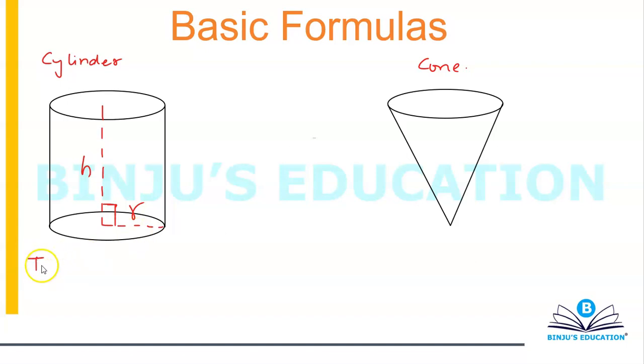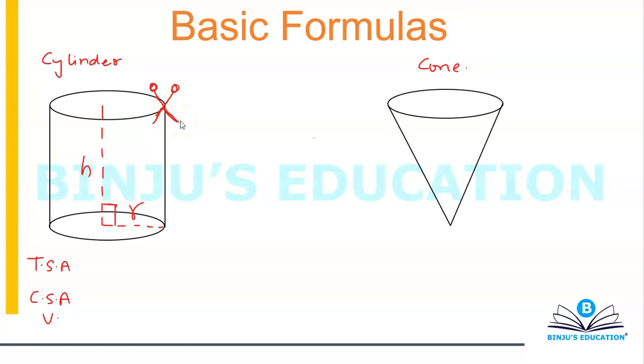Again, three things: total surface area, curved surface area, and the volume. Now if you want to understand the cylinder, how do we calculate these? What you can do is cut the cylinder from this edge.